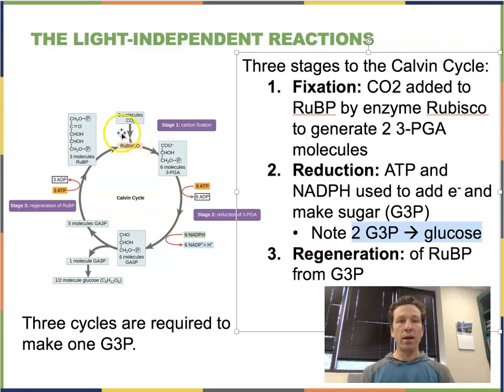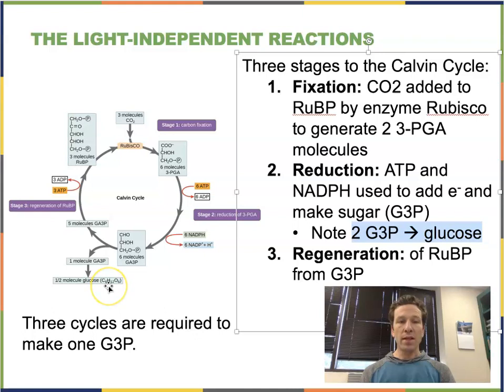Ignore the 3 up here and just think about 1. So if we add 1 carbon dioxide each time, then that means every 3 times this cycle happens, we've added 3 carbons. Because G3P is a 3-carbon molecule, this means that every 3 times through, we have accumulated enough fixed carbon that we can remove a single G3P and use it to make sugar.